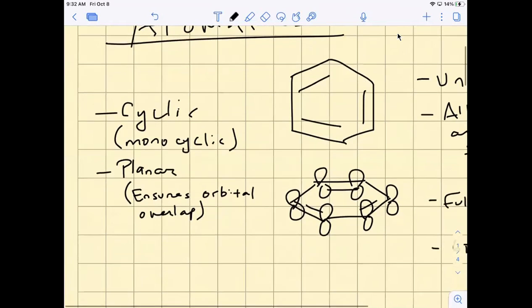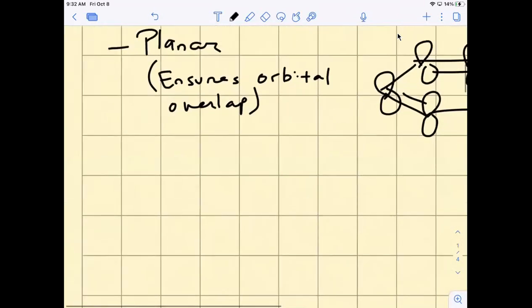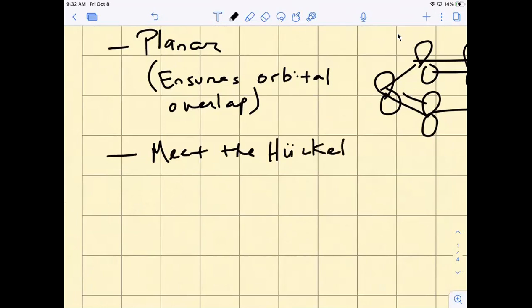It also needs to meet what's called the Huckel rule or the 4n+2 rule. Four n+2, I'm sorry, I think I said 4+2.